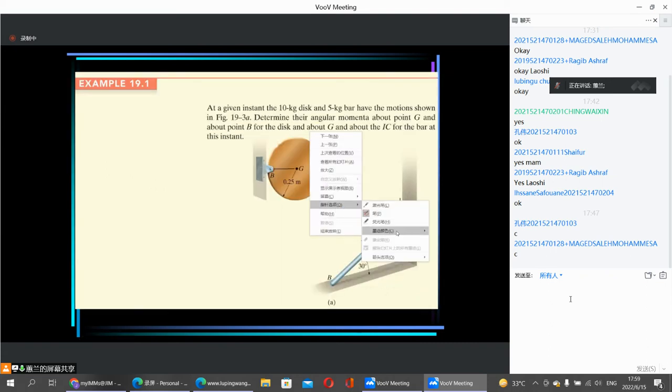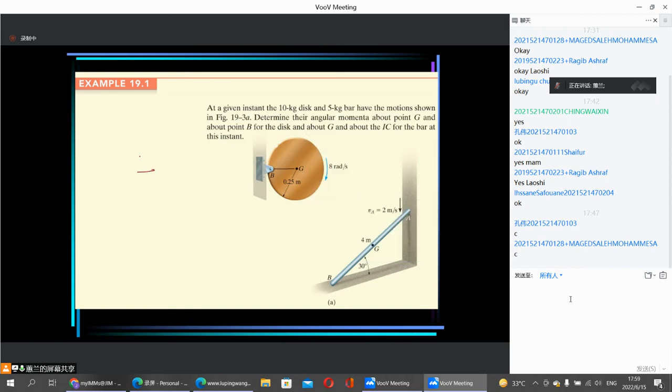For the angular momentum, we use H to indicate it, and we need to specify the moment center. About G, the angular momentum about point G is equal to Ig omega. And omega is given, and Ig is given, so we can find the angular momentum about point G directly.